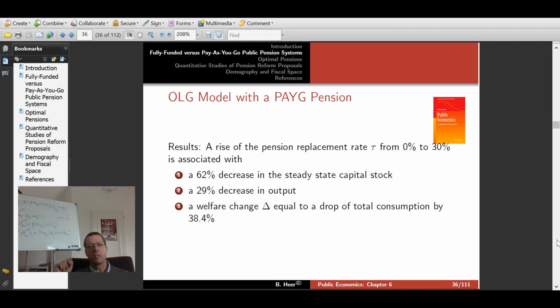But they already give you an idea how dramatic the effects of a public pension system organized as pay-as-you-go will inflict on our economy and on our well-being. And in the next video, you will learn how to compute this numerical example.